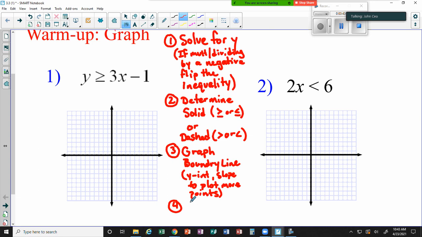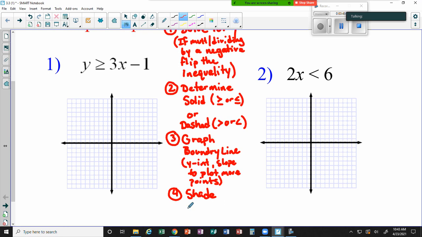Then you have to shade. So we shade above the line when what? When y is greater than or equal to, doesn't matter.